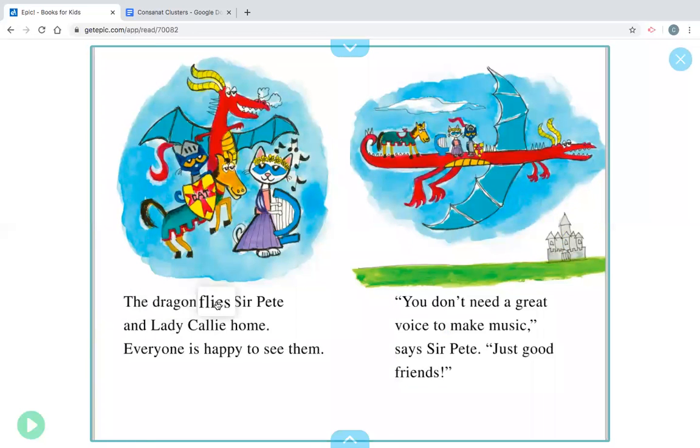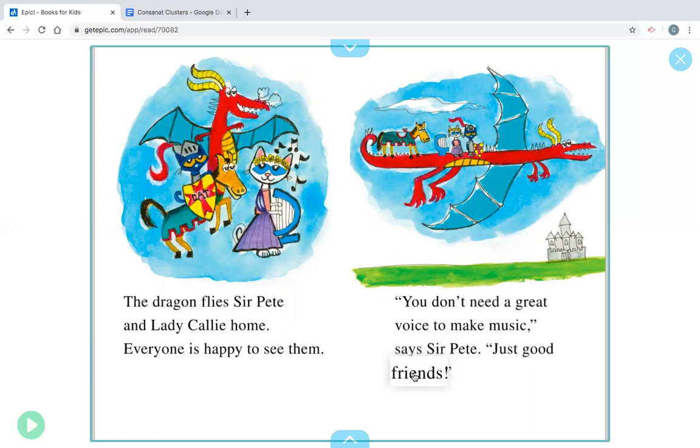The dragon flies Sir Pete and Lady Callie home. Everyone is happy to see them. Dragon again. That's number 10. You don't need a great voice to make music, says Sir Pete.